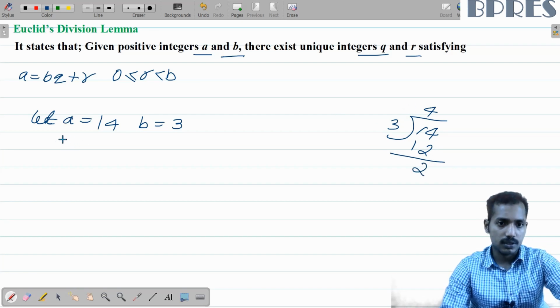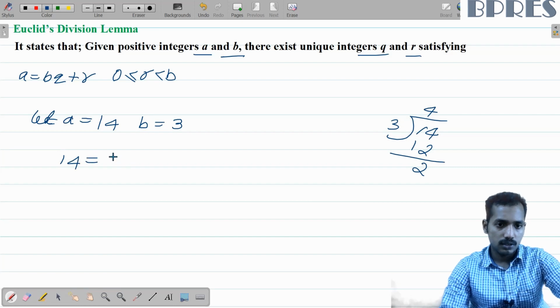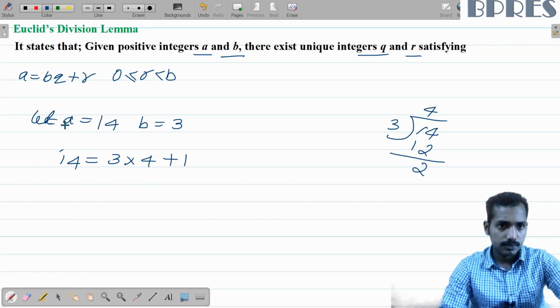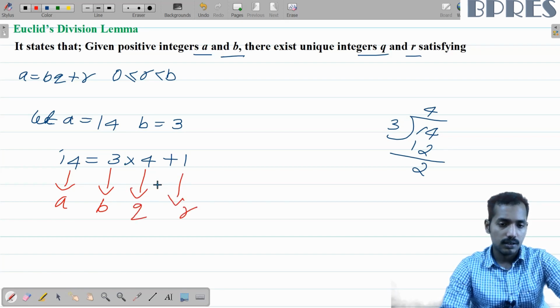So we can represent that 14 is equal to 3 into 4 plus 2. Here 14 is a, 3 is b, 4 is q, and the remainder is r.